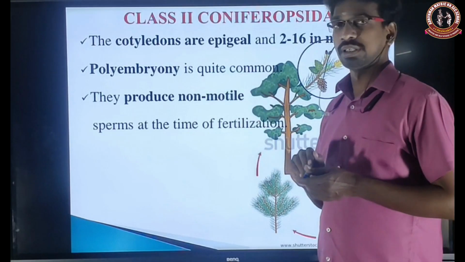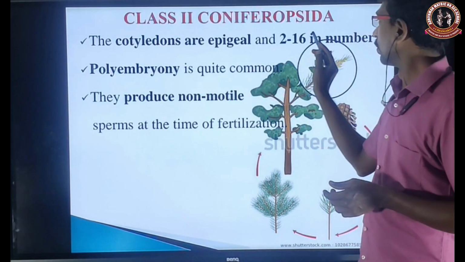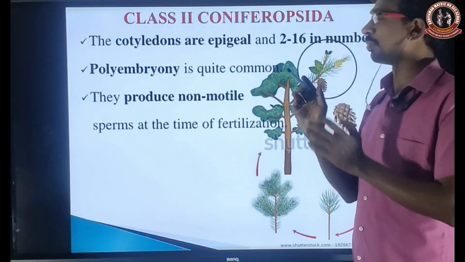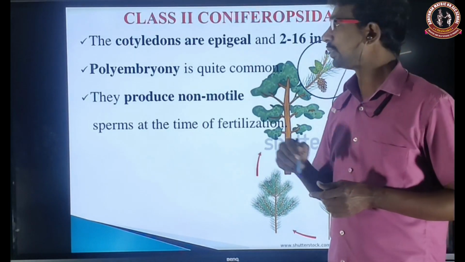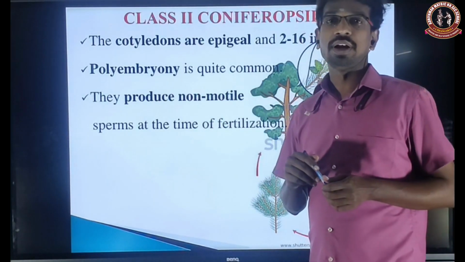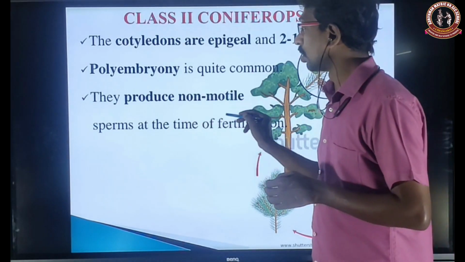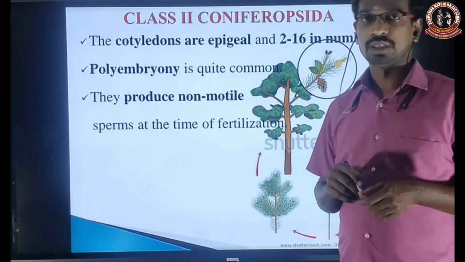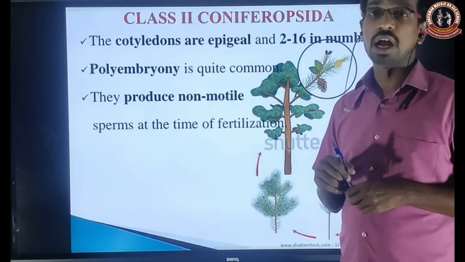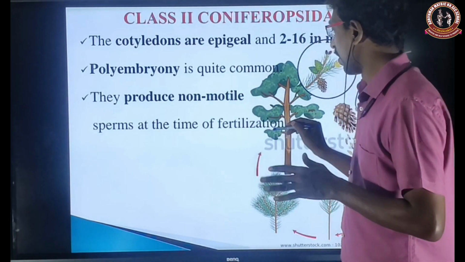Polyembryony is a common characteristic feature. They produce non-motile sperm, so that's why the wings are present, for non-motile sperm at the time of fertilization.